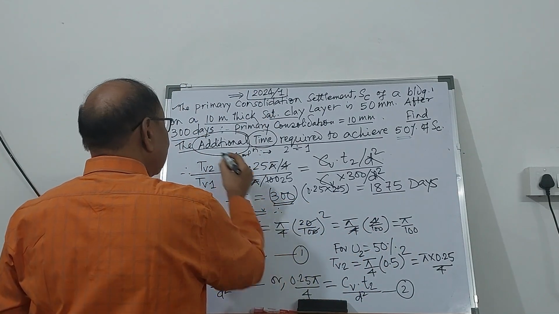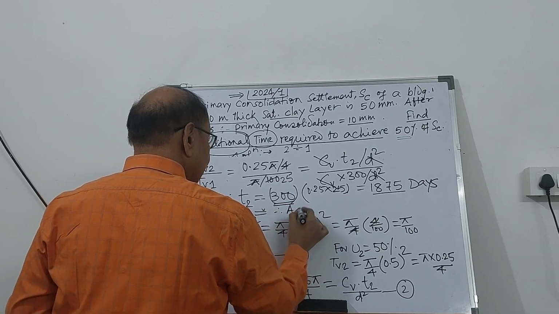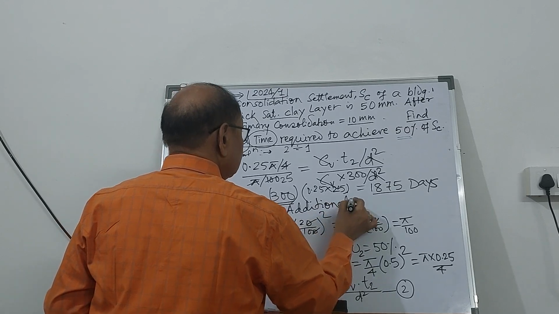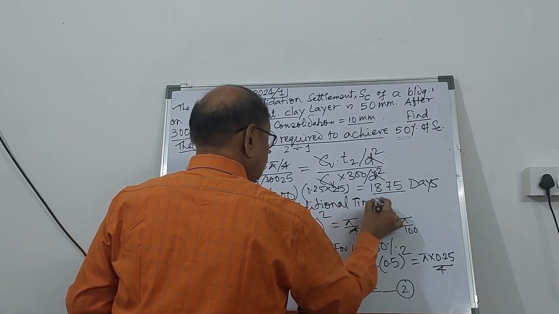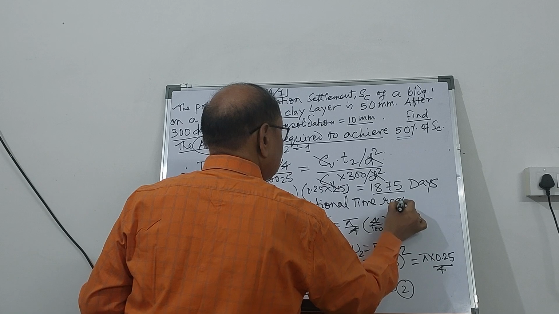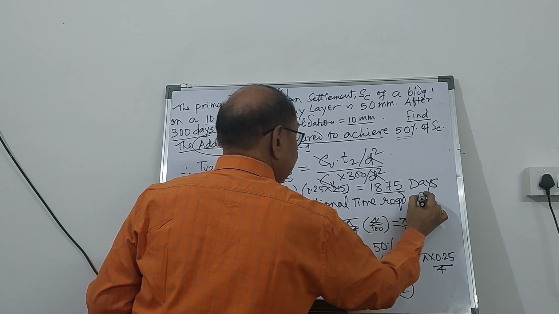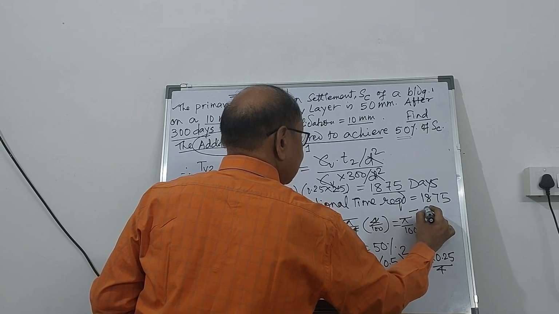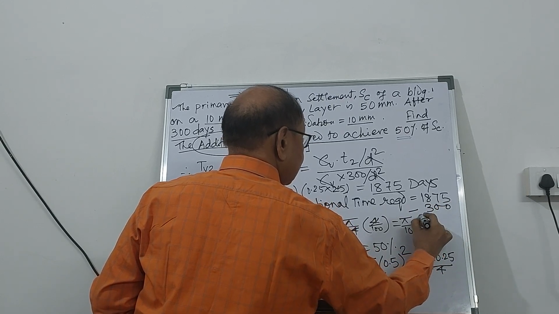Therefore, you can find out the additional time required to achieve 50% settlement will be 1875 minus 300.